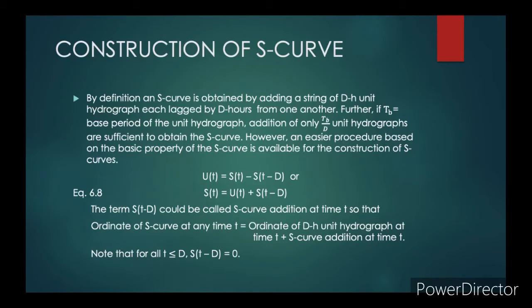The term S(t−D) could be called the S-curve addition at time t, so that the ordinate of the S-curve at any time t is equal to the ordinate of the D_R unit hydrograph at time t plus the S-curve addition at time t. Note that for all t less than or equal to D, S(t−D) is equal to 0.